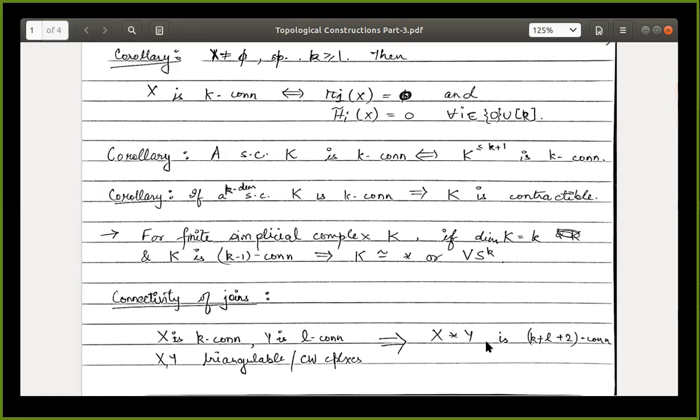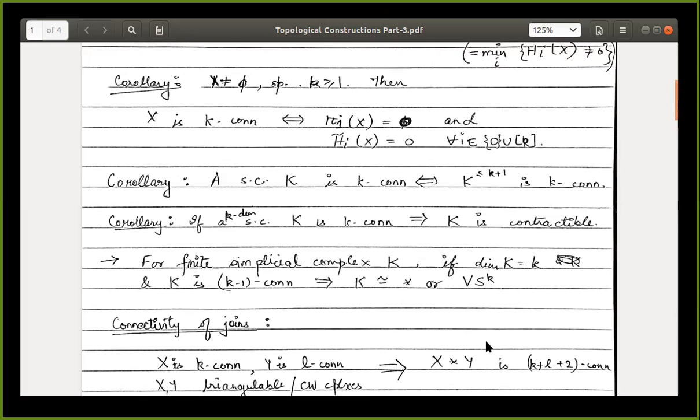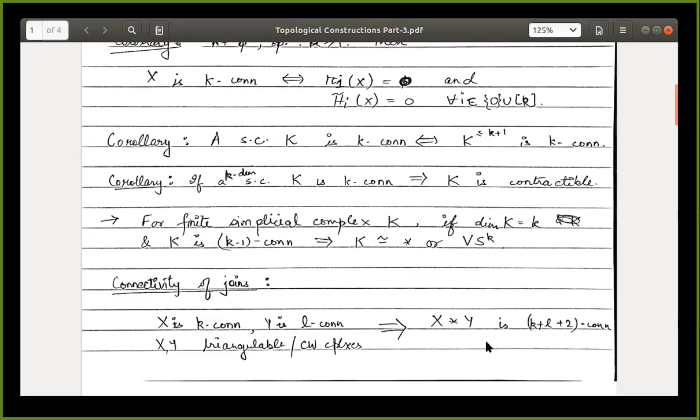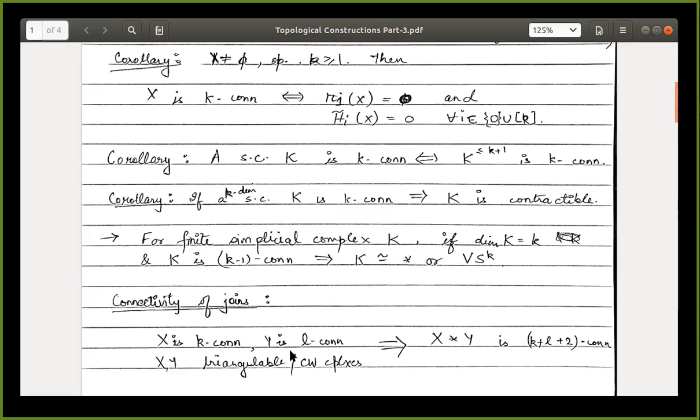Okay. Now, also in the last lecture we saw the join of spaces. So what can we say about them when we take the connectivity of individual spaces? Let's say X is a space which is K-connected, Y is another space which is L-connected, and both of these spaces are triangulable or CW complexes.